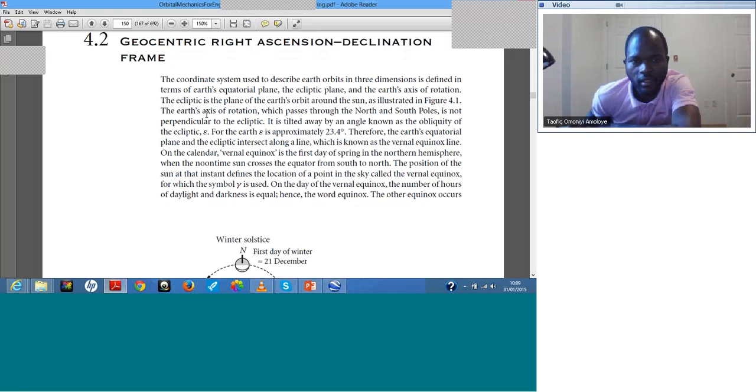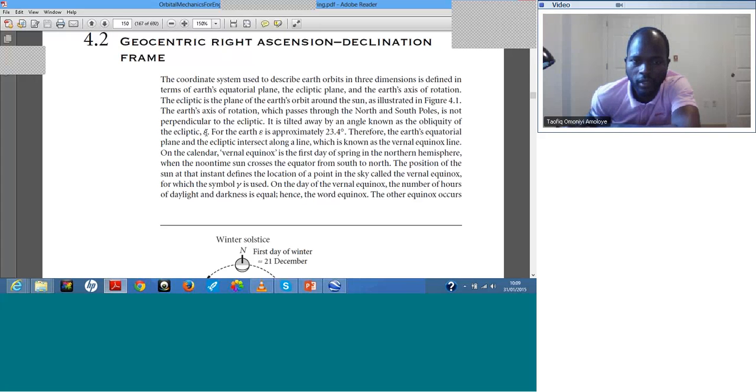So the ecliptic is the plane of the Earth's orbit around the Sun, as I just explained with those pictures. The Earth's axis of rotation, which passes through the north and south poles, is not perpendicular to the ecliptic, as I just showed. It is tilted away by an angle known as the obliquity of the ecliptic, small eta.